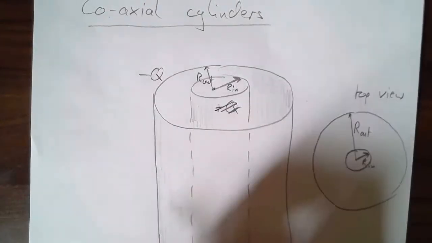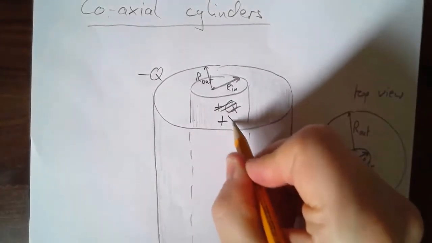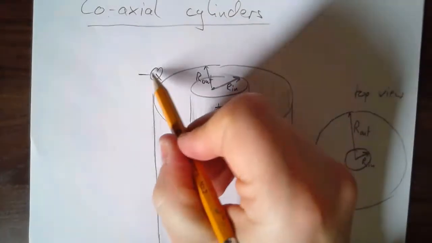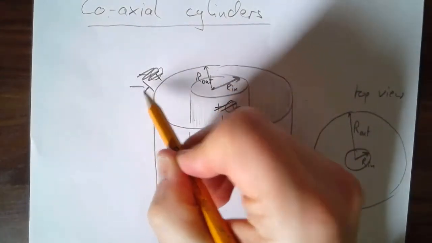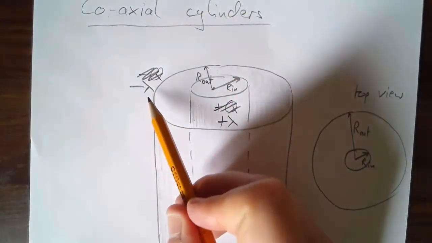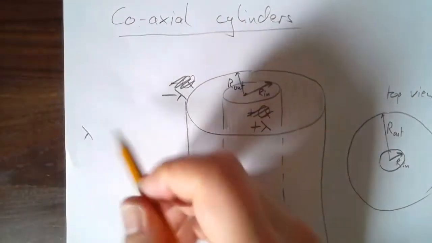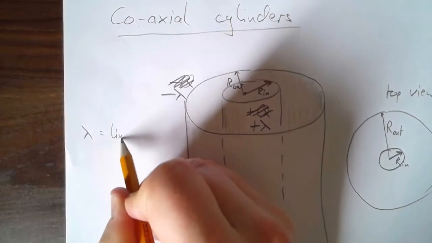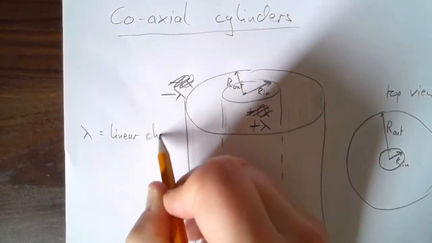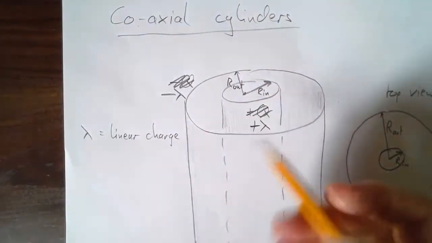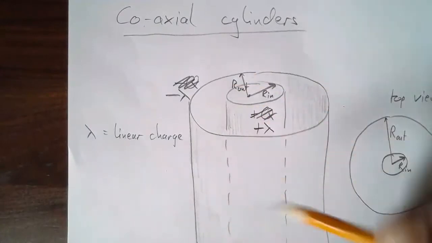So I'm going to replace my positive charge with a positive linear charge density, and the outer one with a negative linear charge density. Alright, so lambda is the linear charge density. That's how many coulombs per meter of cylinder length.